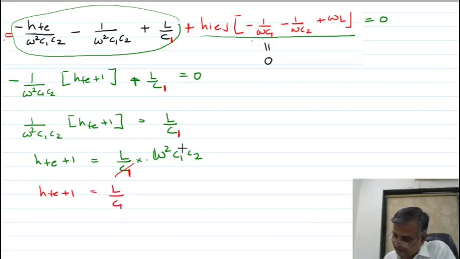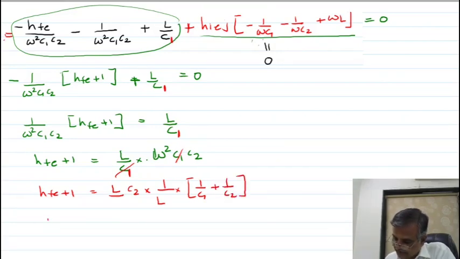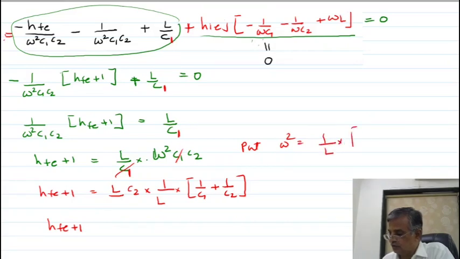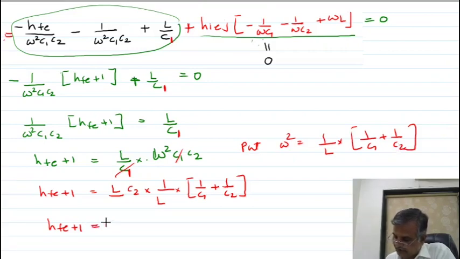So C1 is cancelled, and I can write only L into C2 multiplied by omega square. What is omega square? 1 upon L into (1 upon C1 plus 1 upon C2). Put this value here, so I can write C2 into the bracket (1 upon C1 plus 1 upon C2).